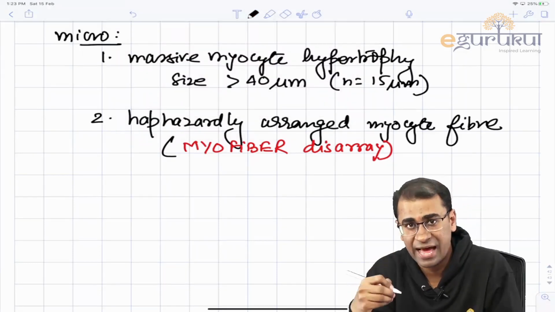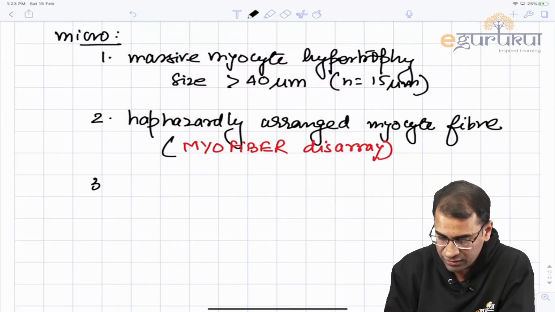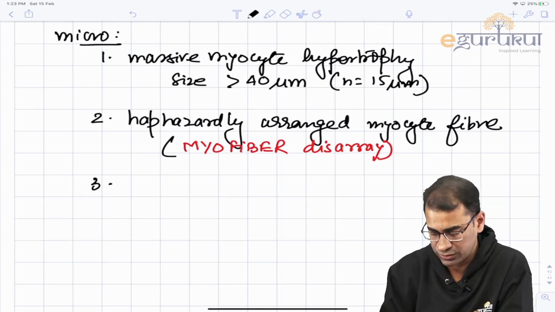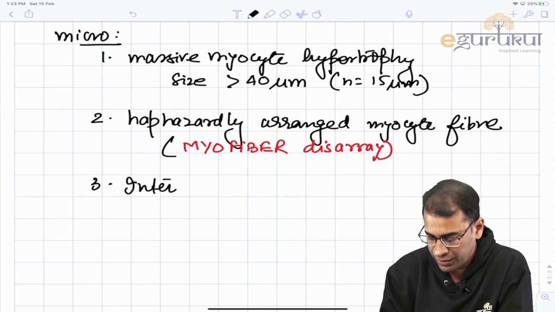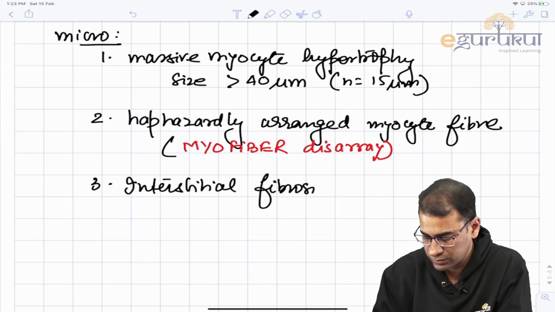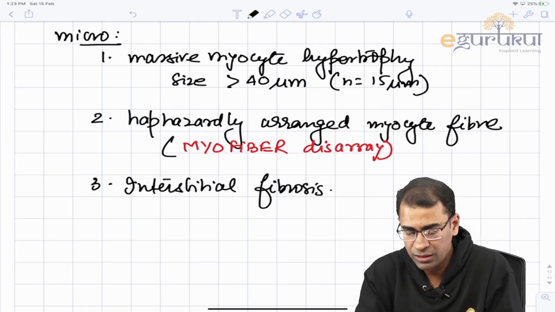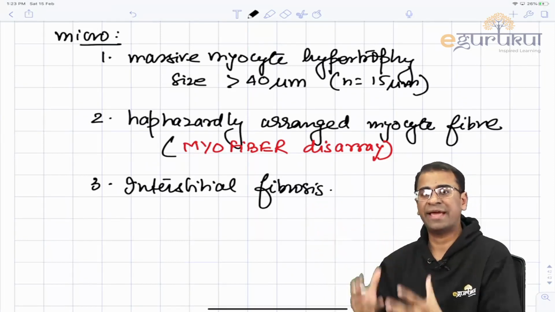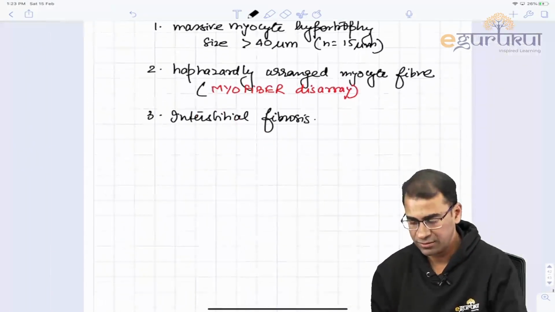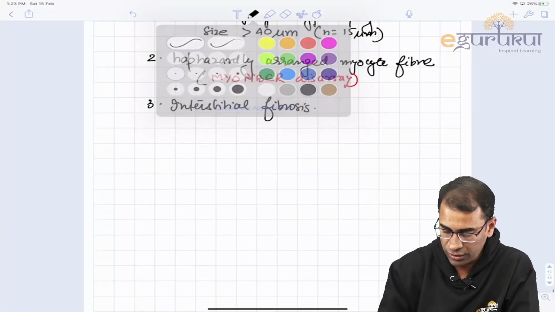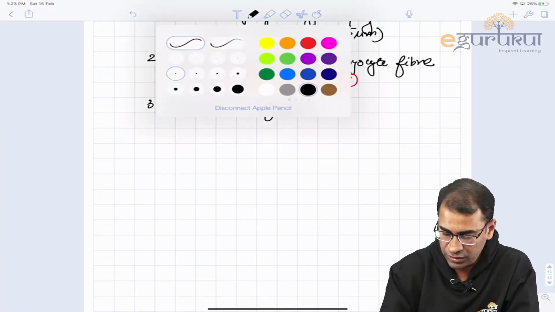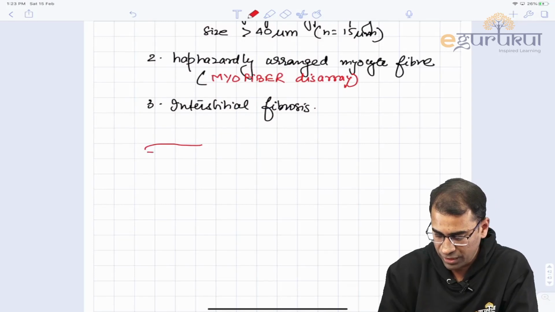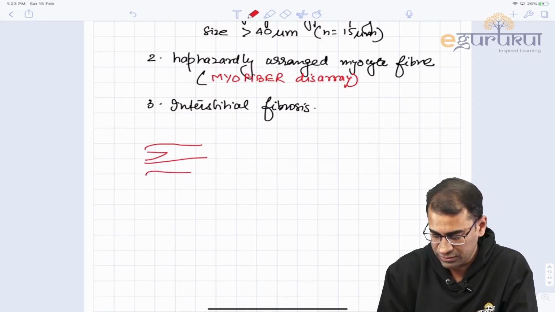And you may find some amount of interstitial fibrosis. There can be interstitial fibrosis. So if you put this information in a diagram, how will it look? Suppose I draw a normal myocardium muscle, this should look like this, branching fibers and normal myocardial fibers like this.